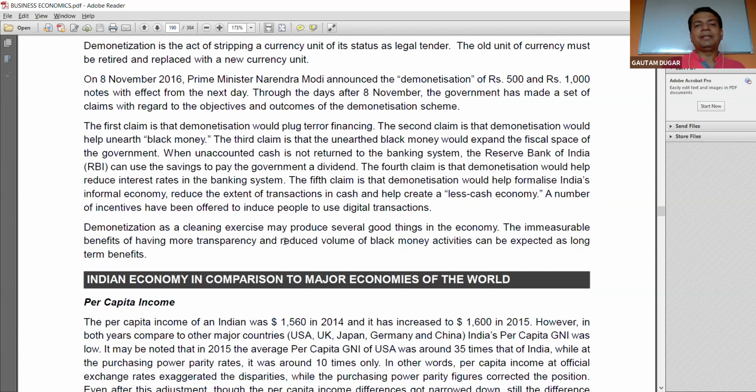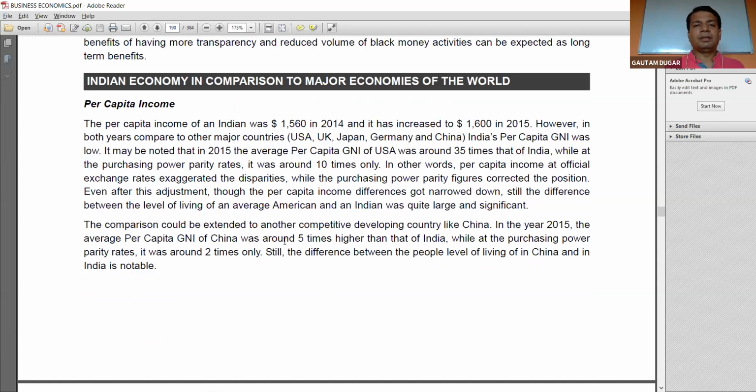Coming to per capita income, India's is quite low as compared to the developed nations. A bit ago, we found that the per capita income of the USA is almost 35 times that of India, and that's definitely in nominal terms. In terms of purchasing power parity, it was just 10 times, right?